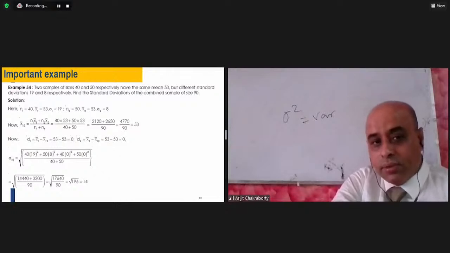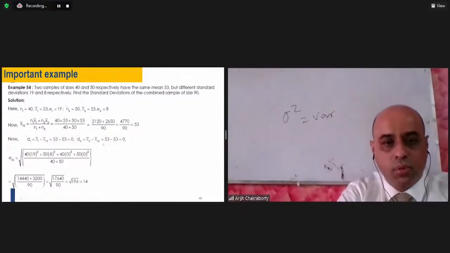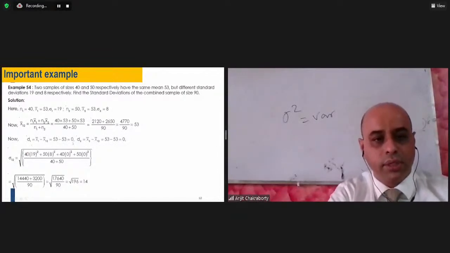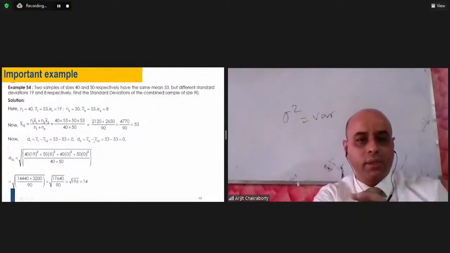Then the values of D1 and D2 both work out to 0, because D1 is X1 bar minus X12 bar, that is the mean of the first group minus the combined mean. First group is 53, combined mean is also 53, so D1 becomes 0. Similarly, D2, the mean of the second group minus the combined mean, is also 0.